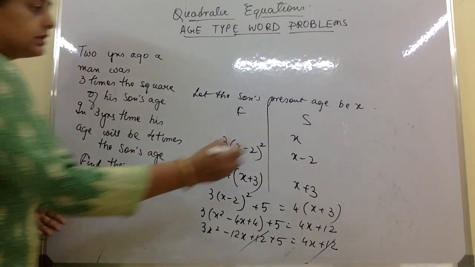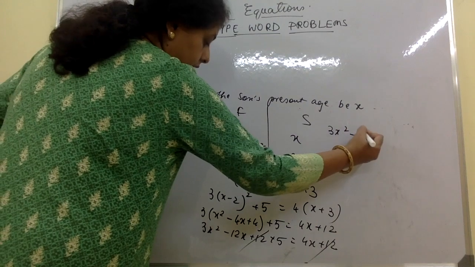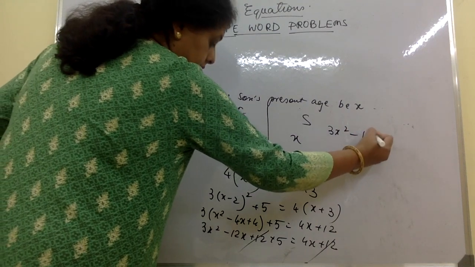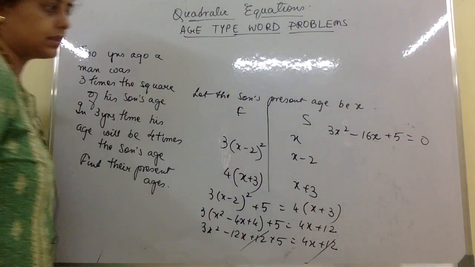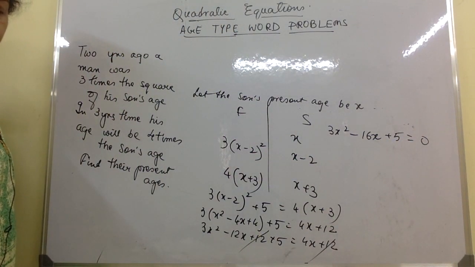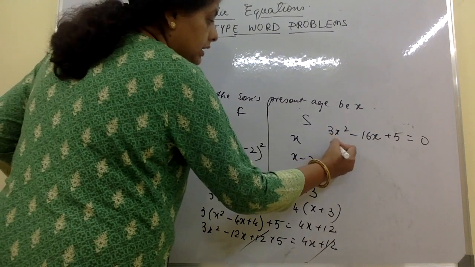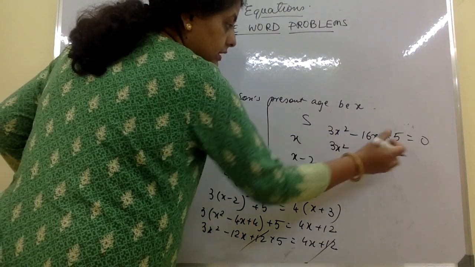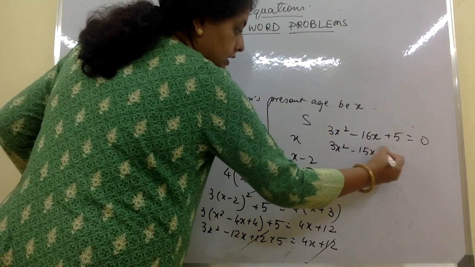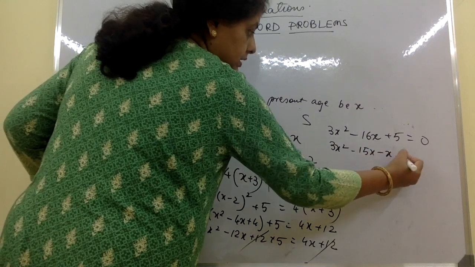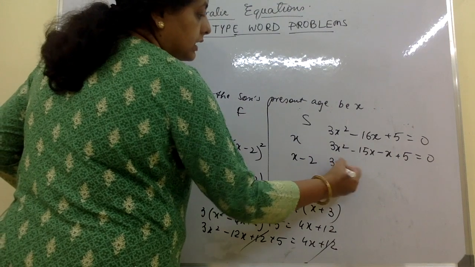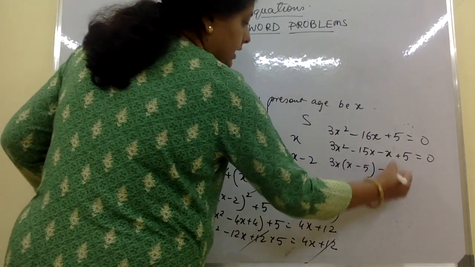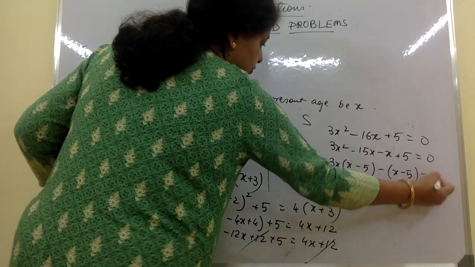I am getting 3x square minus 16x plus 5 is equal to 0 as my equation. Okay. So now 3x square, I need a product of this and this, minus 15x minus x, minus 16x plus 5. Okay. And I get my plus 15x square. 3x, x minus 5 minus 1, x minus 5 is equal to 0.